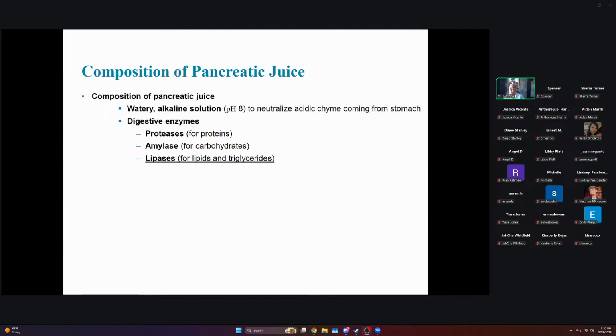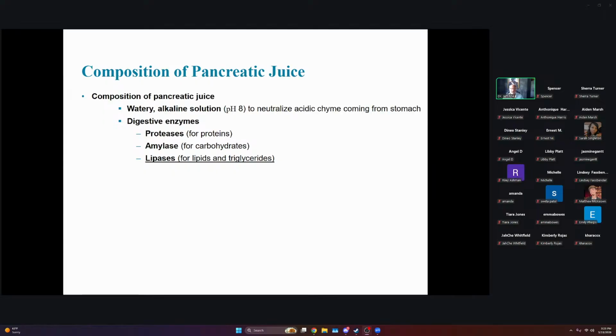Really, anything downstream from the stomach, anything that gets introduced to the system is going to tend to be alkaline based for obvious reasons. Again, the chyme that's emerging from the stomach is going to be coated with hydrochloric acid. It's acidic. So anything that is going to be introduced beyond that is going to be alkaline in base to try to neutralize the harmful effects of the acidic nature of hydrochloric acid.